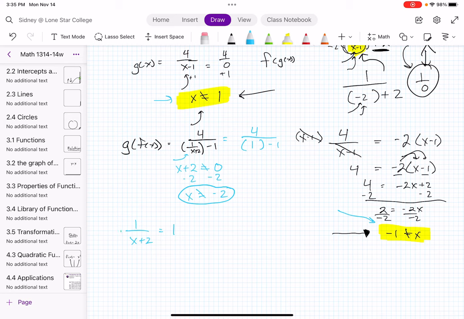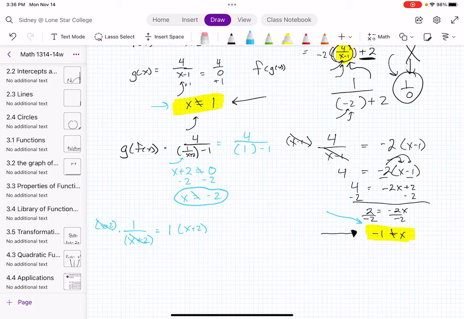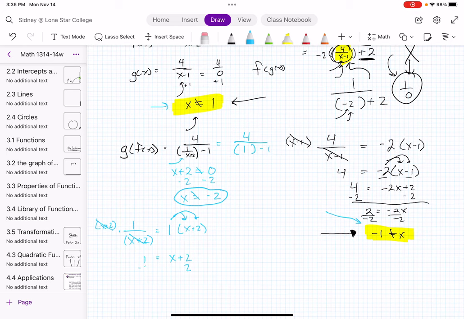So I multiply both sides by x plus 2. On the left-hand side, that makes the denominator simplify out real nice and neat. On the right-hand side, if I distribute that out, I get x plus 2. And if I subtract 2 from both sides, I end up with x equals negative 1.